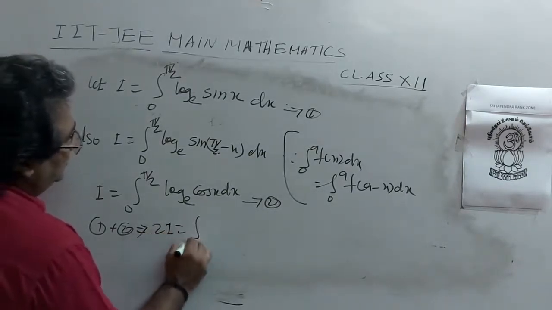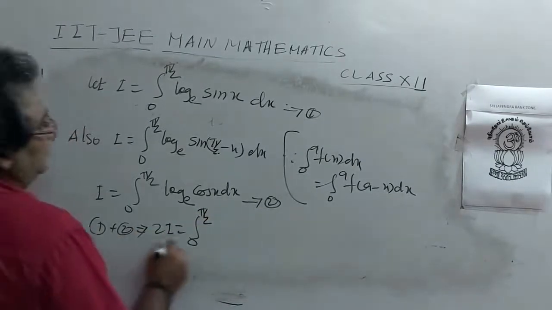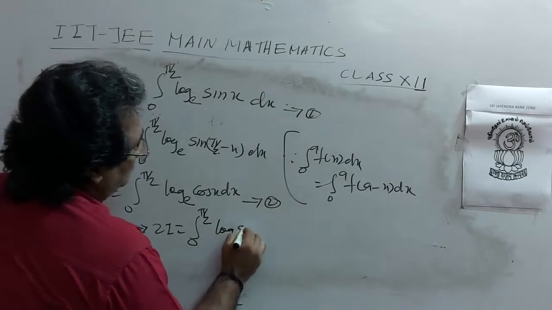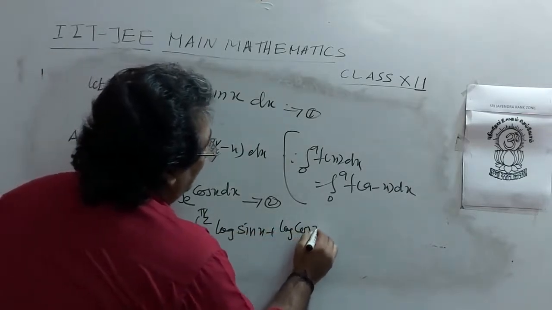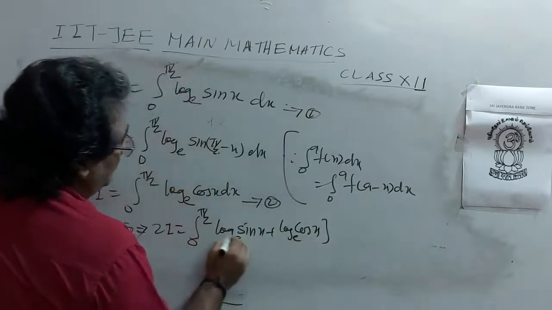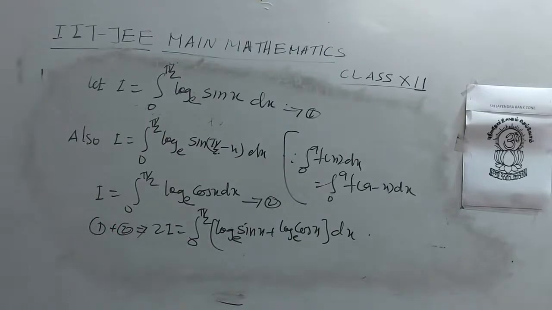2I equals integral 0 to pi by 2 of log sin x plus log cos x dx.